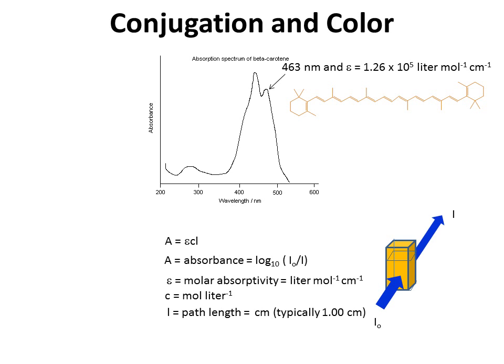The output blue light I is diminished because of the absorbance of blue light by the beta-carotene solution. We would measure the absorbance as being the log base 10 of the input light I naught divided by the output light I. This calculation of absorbance at different wavelengths is done automatically by your spectrophotometer.